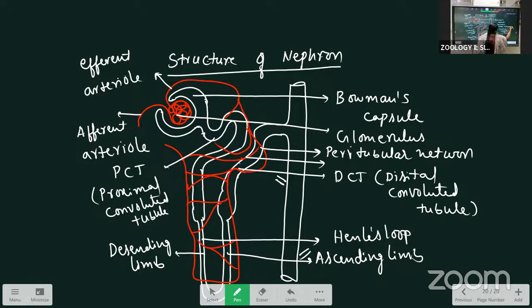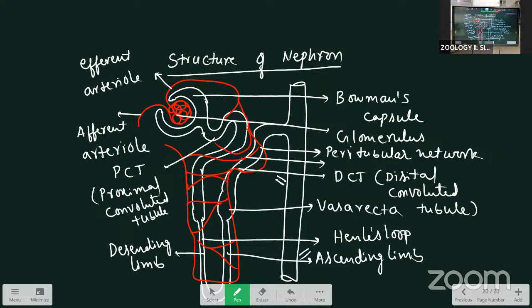The blood vessels surrounding the loop of Henle are called the vasa recta. This is the diagram of the structure of the nephron.